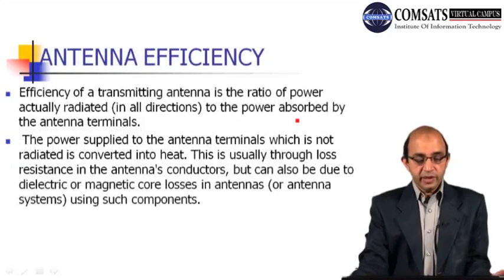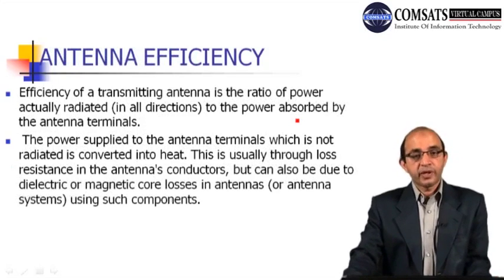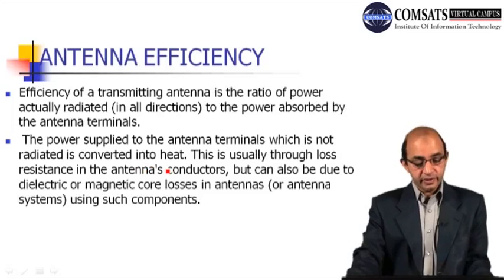The efficiency of a transmitting antenna is defined as the ratio of the power actually radiated in all directions to the power absorbed by the antenna terminals. The power supplied to the antenna terminal which is not radiated is converted into heat.